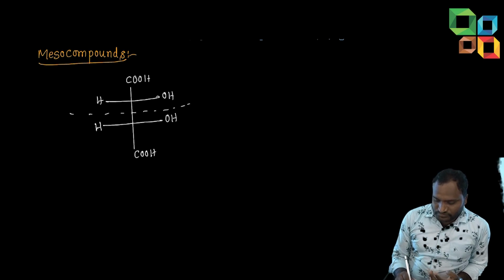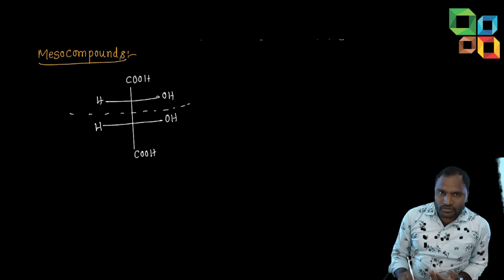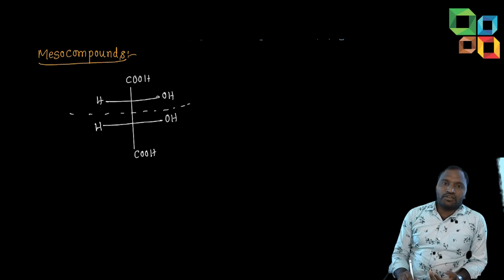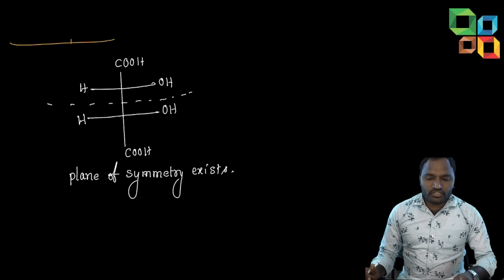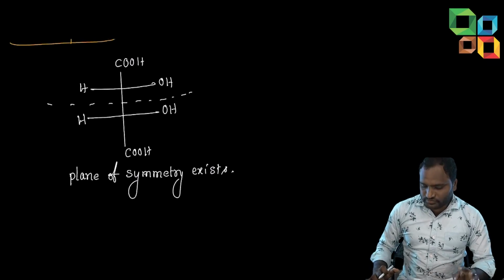So, compounds in which a plane of symmetry exists. Okay, enantiomers, diastereomers, meso compounds. For this, how to give the configuration? First one, relative configuration.